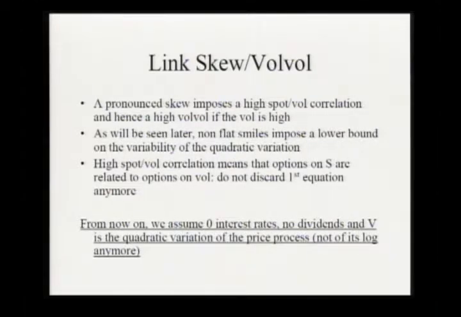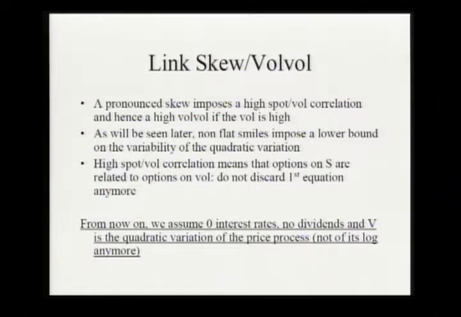So if you have on the market a strong skew, it's kind of linked to the Heston comment, but it means that necessarily the volatility itself will have to move quite a lot, not necessarily in an independent way like in the Heston, but it will actually be linked to the spot level.